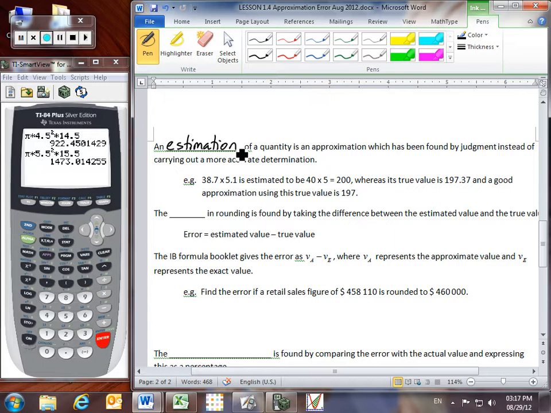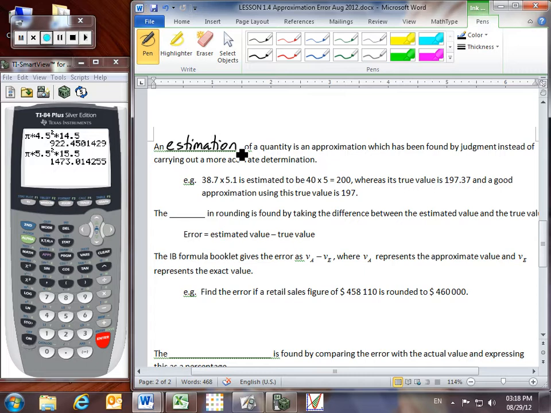Like when we're measuring something, we might see that the length of something falls in between 7 and 8 on a ruler, and so we will use our judgment in estimating what its true length is. So that's different from rounding. Rounding is when you've been given a very precise amount and you are simply rounding it. You're approximating it to the nearest whole number or to 2 decimal places.